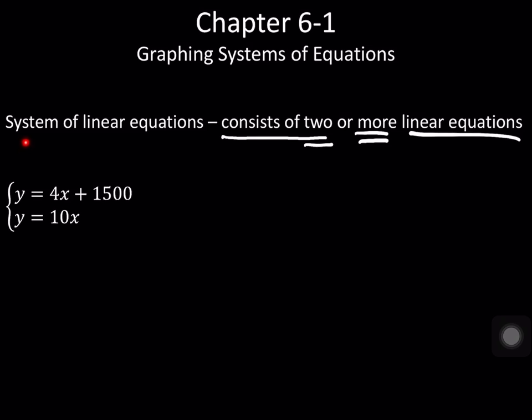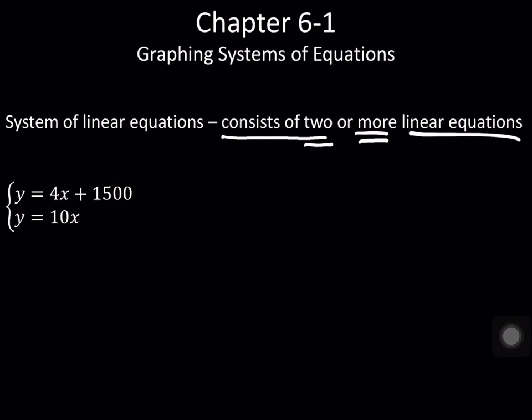And a system simply says that we have two or more of them, such as this system here: y equals 4x plus 1500, y equals 10x. That's two different equations, two sets of x's, two sets of y's. They're lines independent of each other, but when we group them together like this, this is a system of equations.